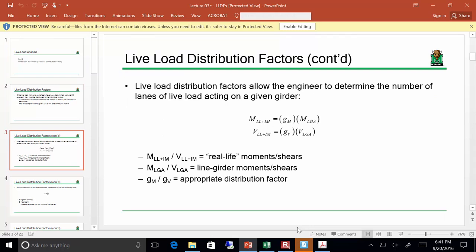You take the results of a line girder analysis, what you learned in Structural Analysis 1, or wherever you took structural analysis: shear diagrams, moment diagrams, stuff like that. You take your fundamental line girder analysis results and adjust them by an appropriate distribution factor, and that product is supposed to represent the, quote, real life moments on the structure. Of course, there's a little bit of approximation in that, but by and large, they're pretty good.